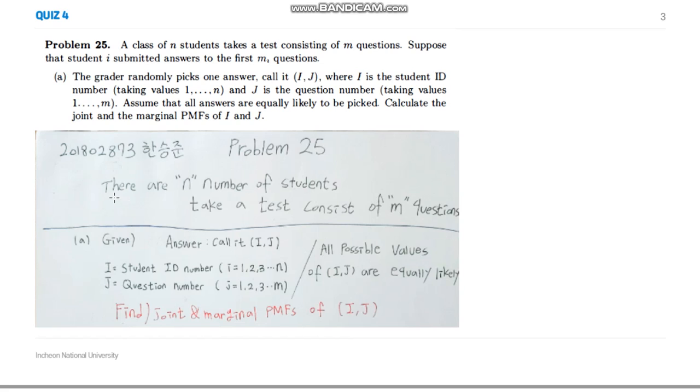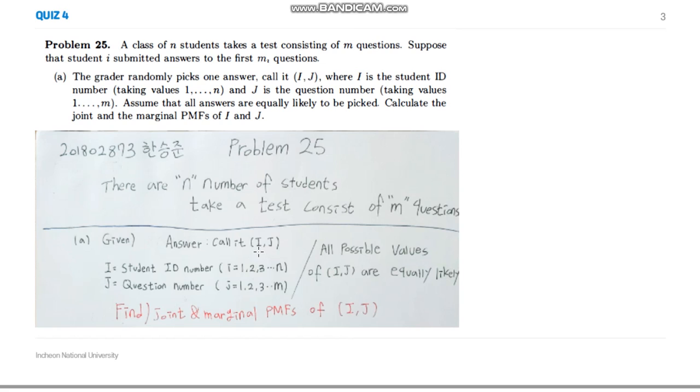So let's see. There are n students who take a test consisting of m questions. So there are n and m given here. The grader randomly picks one answer and we call it (I, J).